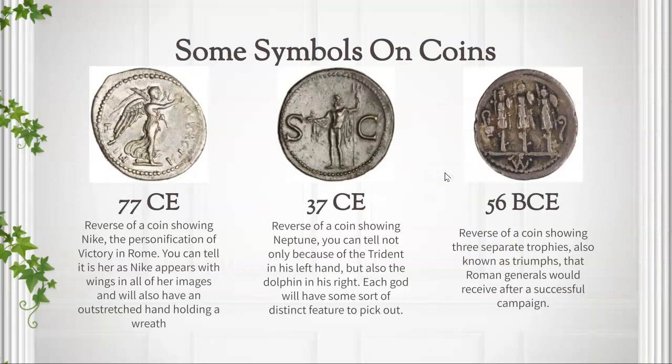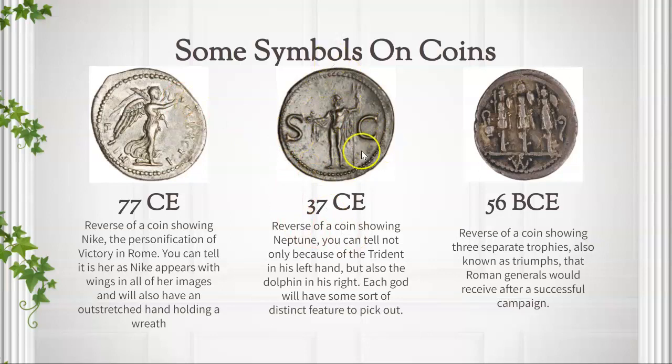Another important thing to look at as well are some symbols on coins. It makes it at least easier to point out some deities and also some fun things that you'll find on coins. So on the left here, just like we already talked about, this is Nike, the personification of victory, and you can tell that it's her because of the wings coming out of the back, and her hand is outstretched holding that laurel wreath in her hand, symbolizing victory.